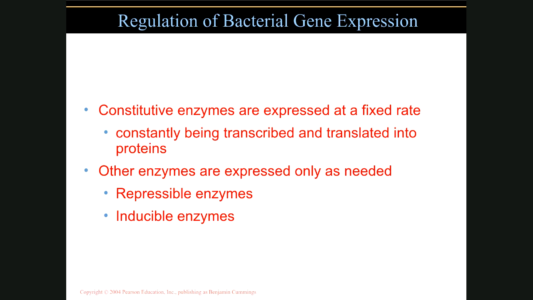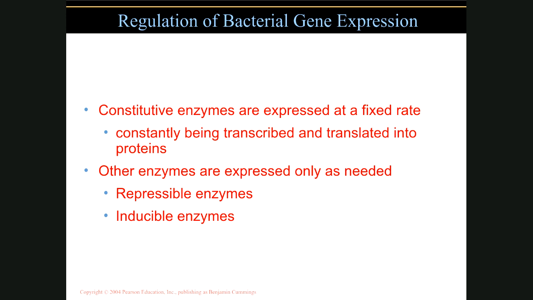But there are certain genes that code for certain enzymes that are so important, they're always needed. We call those genes and enzymes constitutive because they're always needed. So those genes are always turned on, always being transcribed and translated.